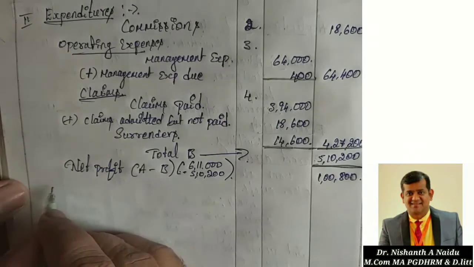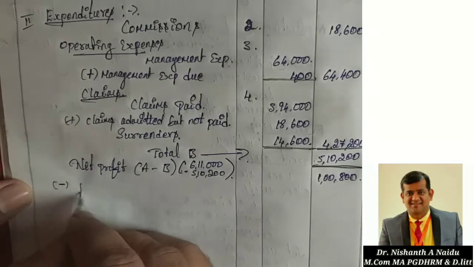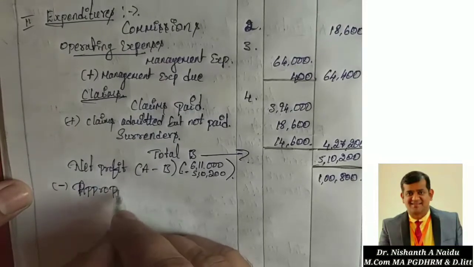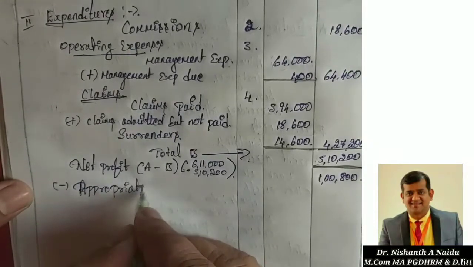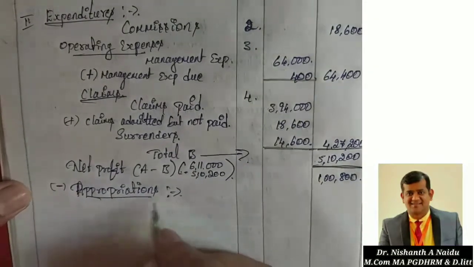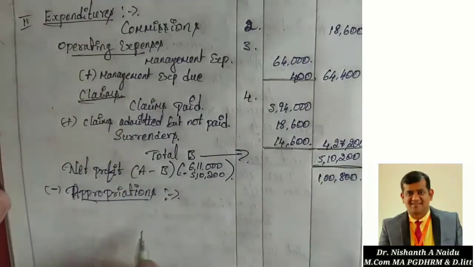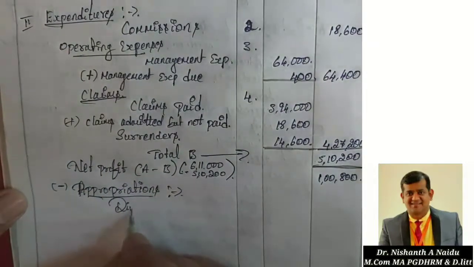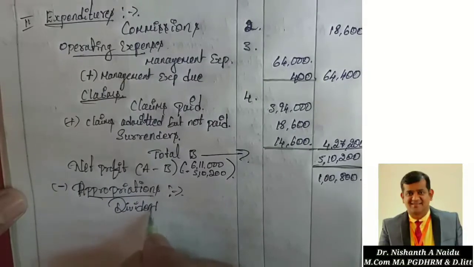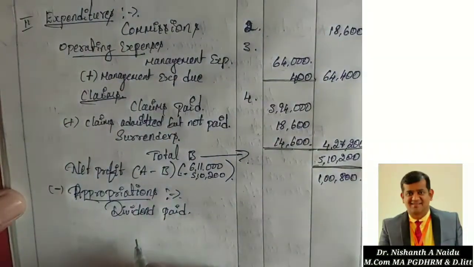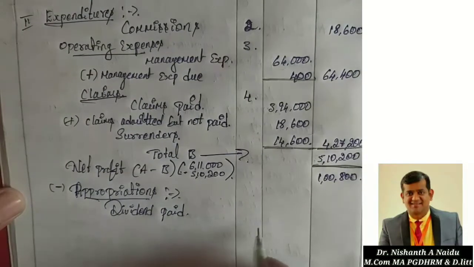You only have marked it. Less appropriations. Identify. Yes, what is that? Appropriations, which you have marked. So appropriation number 1 is dividend paid. Dividend paid how much? That is in the trial balance, third item, 30,000 rupees.